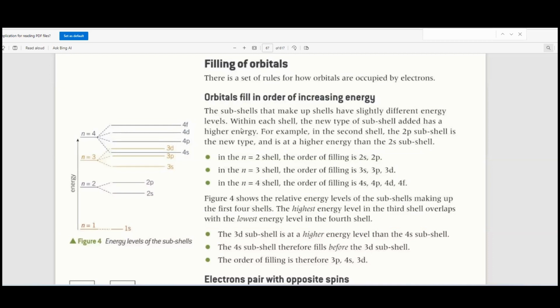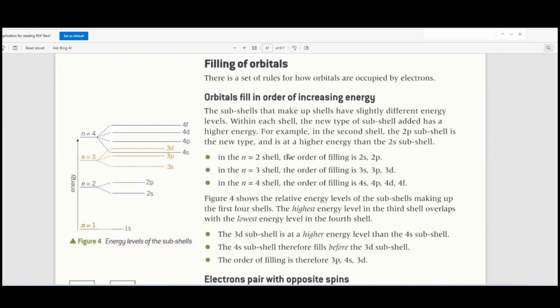The subshells that make up shells have slightly different energy levels within each shell. The new type of subshell added has a higher energy level. For example, in the second shell, the 2p subshell is the new type and is at a higher energy level than the 2s subshell.